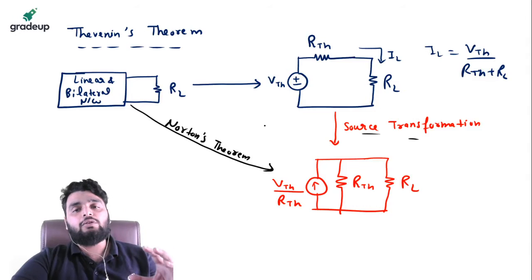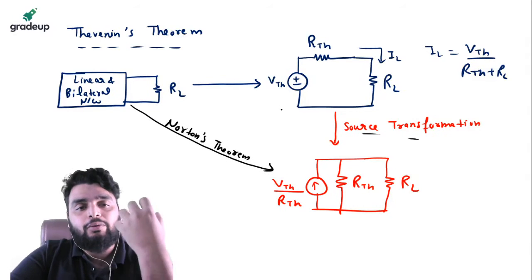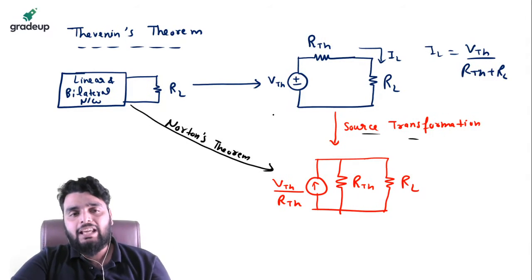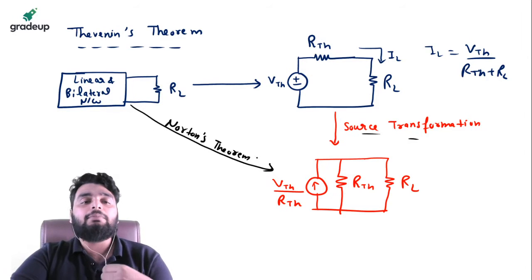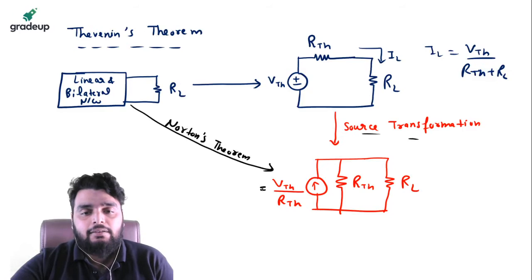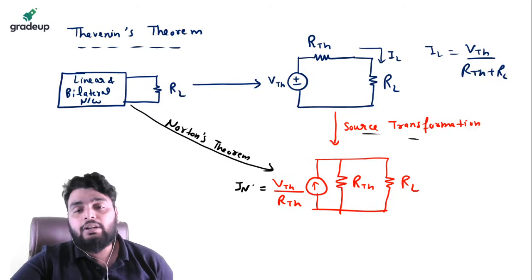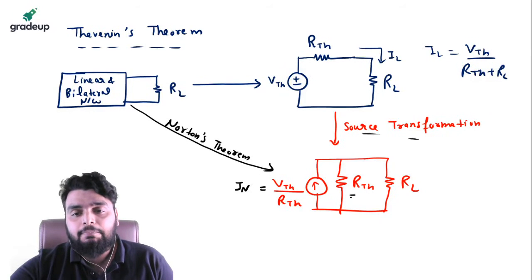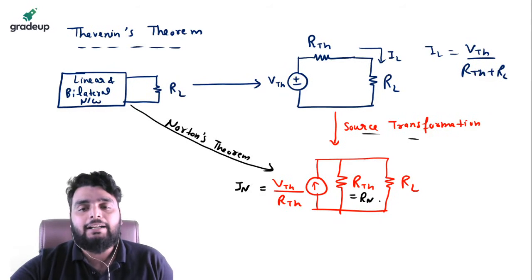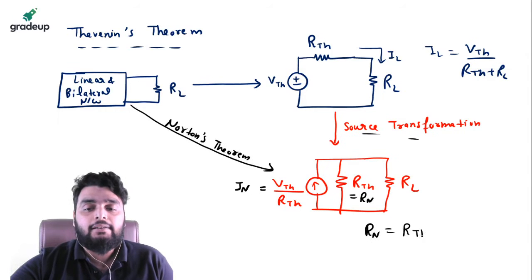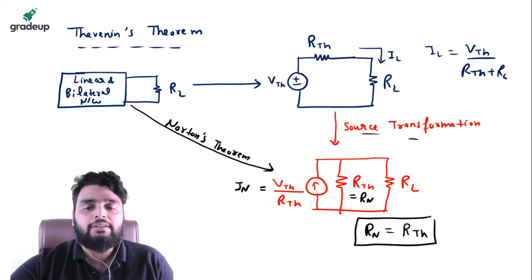When you apply source transformation to a Thevenin circuit, you get a Norton circuit. If you directly convert this circuit into a current source, it becomes Norton's theorem, and this particular current is known as the Norton's current, and beta, this particular RTH is known as RN. So remember, for a particular network, Norton's resistance is equal to the Thevenin resistance.